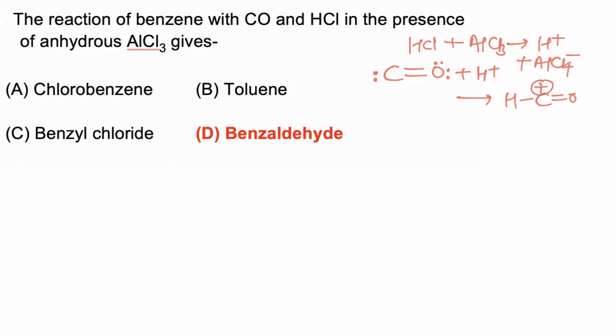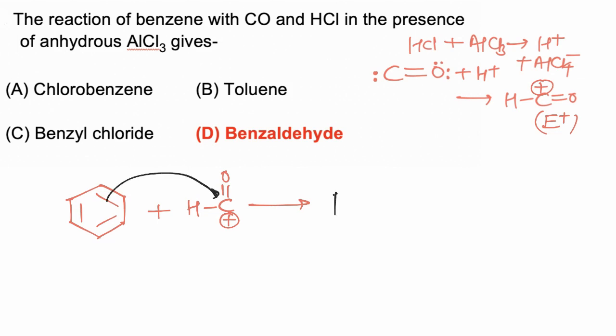Now this formyl carbocation will act as an electrophile. So on reacting with benzene, this HCO positive acts as an electrophile, and benzene acts as a nucleophile. So first the Wheland intermediate is formed.